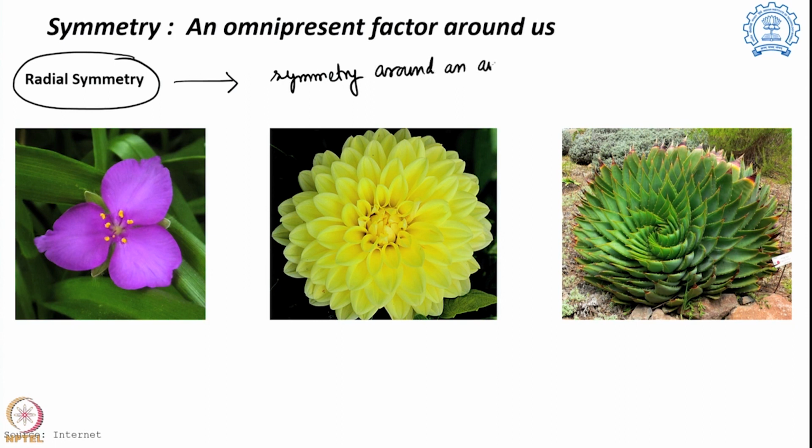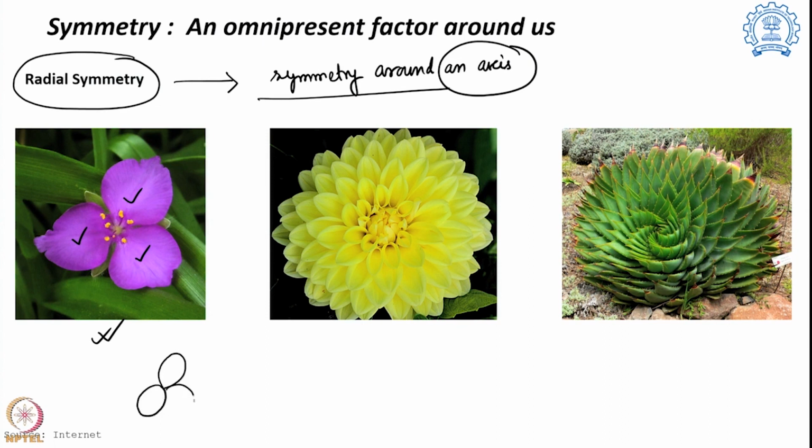Previously we were looking at everything around a plane, now we are looking around an axis. For example, let us take this first example of this flower. Over there we can see there are 3 different petals, and they are symmetrically arranged in such a way that along an axis, if I rotate 120 degrees, we actually find a similar system.